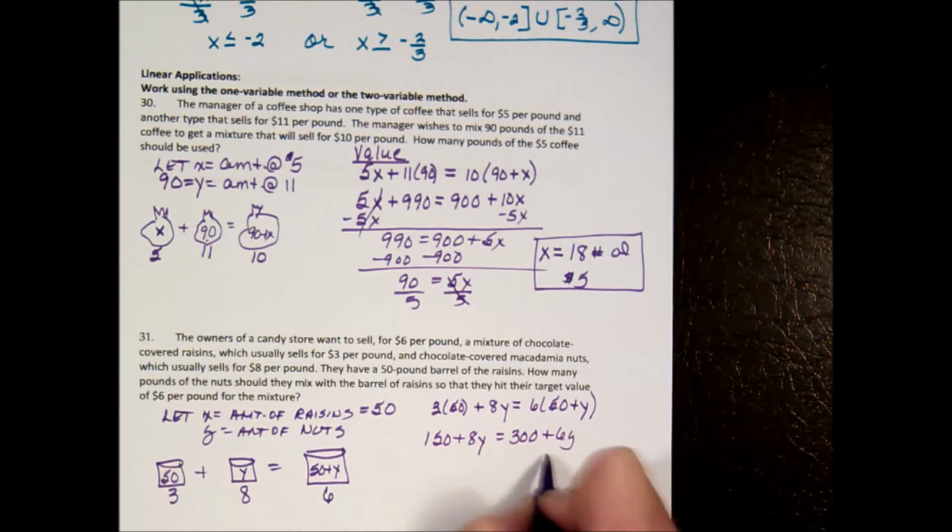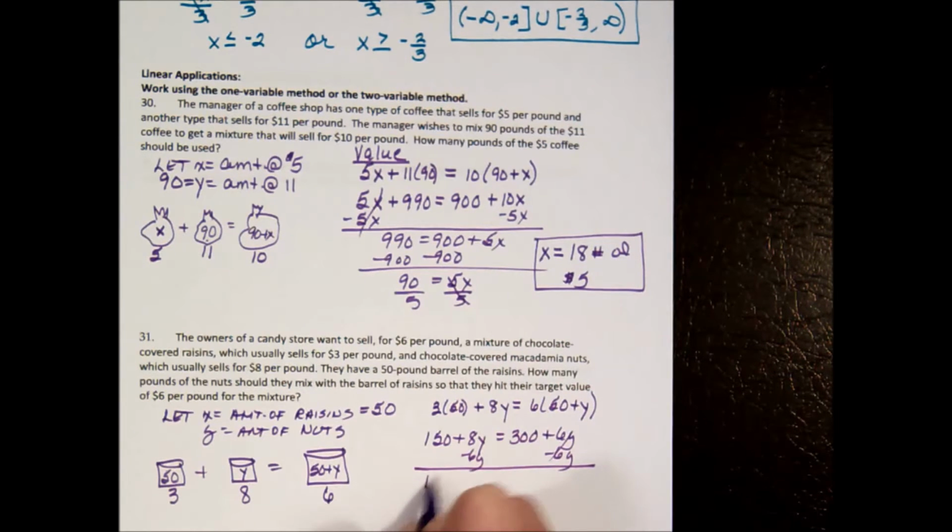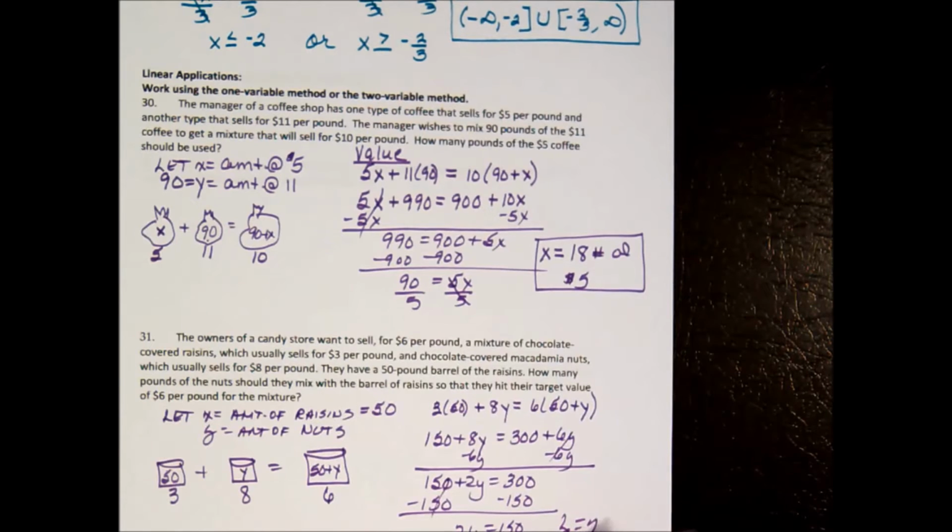We are going to get our variables together. 150 plus 2Y equals 300. Numbers on the other side, and I get 2Y equals 150. Divide by 2, and I get Y equals 75 pounds. So this was like the last one, where even though we had it set up, it turns out we knew one of the numbers and you didn't need 2 equations.